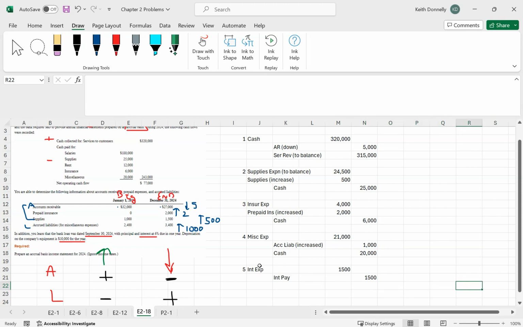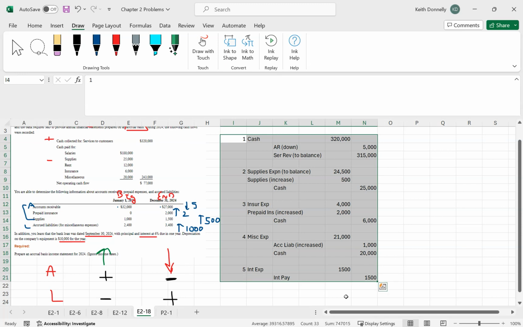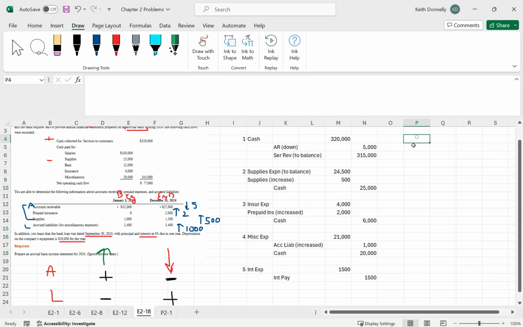So we've made the adjusting journal entries to figure out our accrual basis expenses. If we were then to do the income statement, we would have our service revenue of the 315. We then would back out our operating expenses.